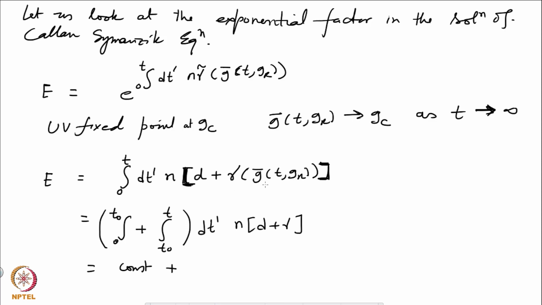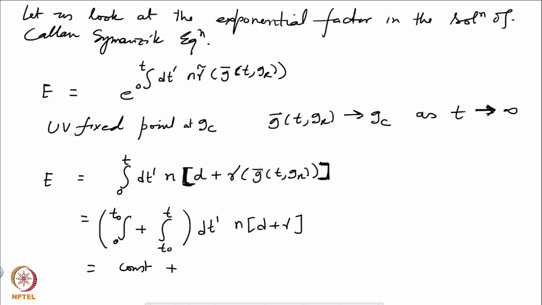So I'll just replace g bar by its value gc. Then you have n times d plus gamma of gc integrated over t prime, and that is going to give you just t. Putting the limit gives you t minus t naught.